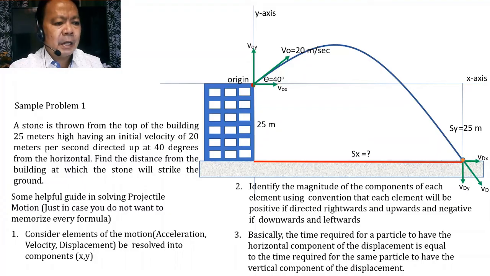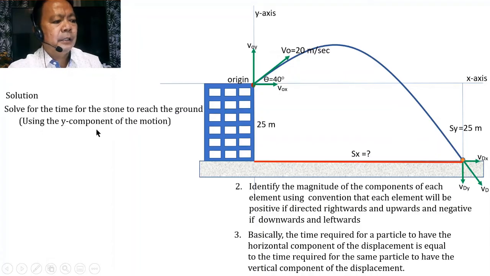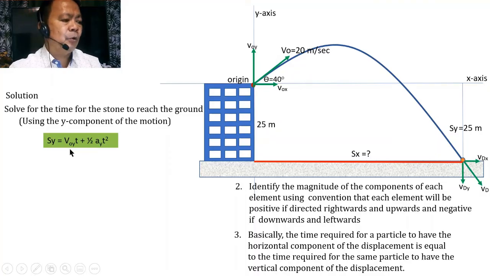Okay, and so makikita natin dito that from here we can compute for the total time that this stone will be needing in traveling a total displacement of 25, because we can have it using the y component of the motion, that is equal to s sub y equal to v sub oy multiplied by t plus 1/2 of ay multiplied by t squared.